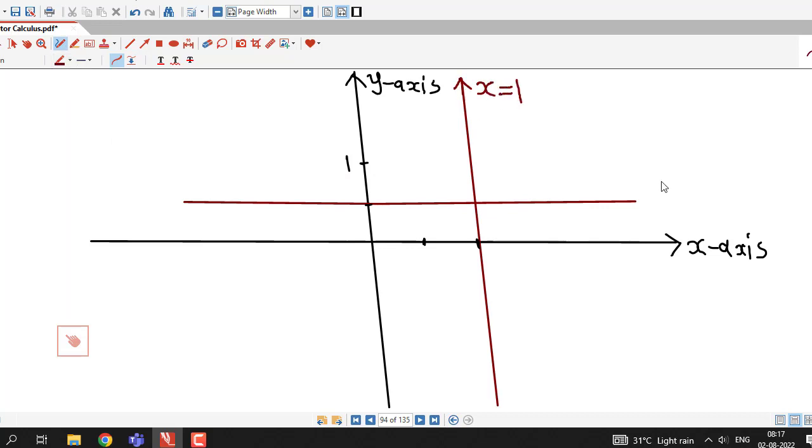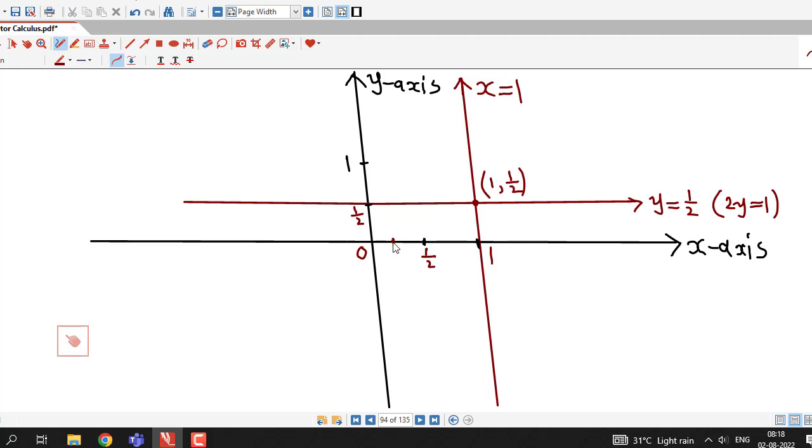This is x equal to 1, this is y equal to 1 by 2, or we can write 2y equal to 1. This point is 1 by 2, here we have 1 by 2, 0, this is 1, and therefore this point has x value 1, y is 1 by 2, and this much distance is 1 by 2.